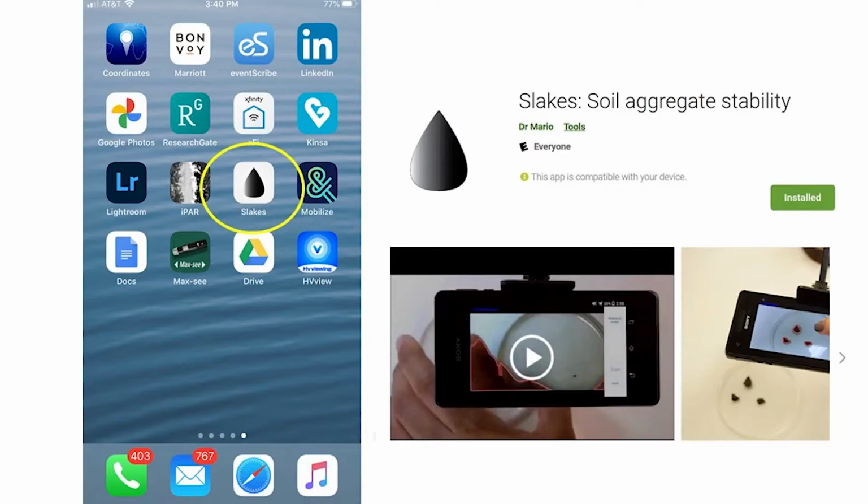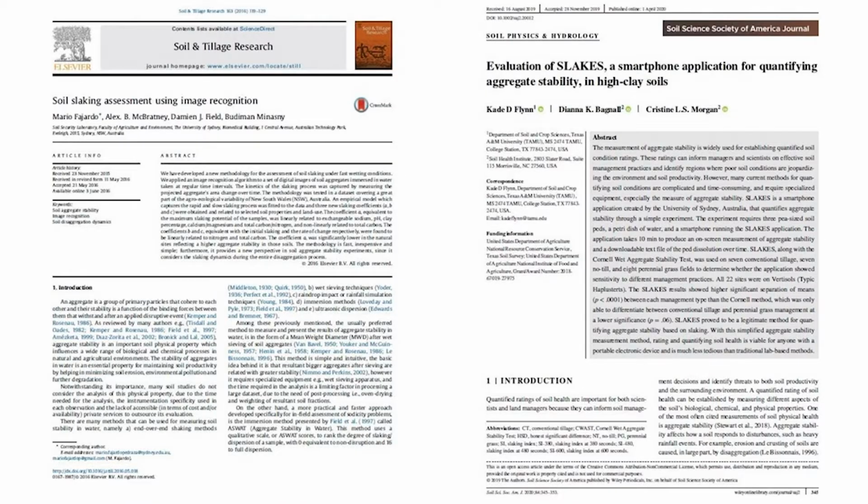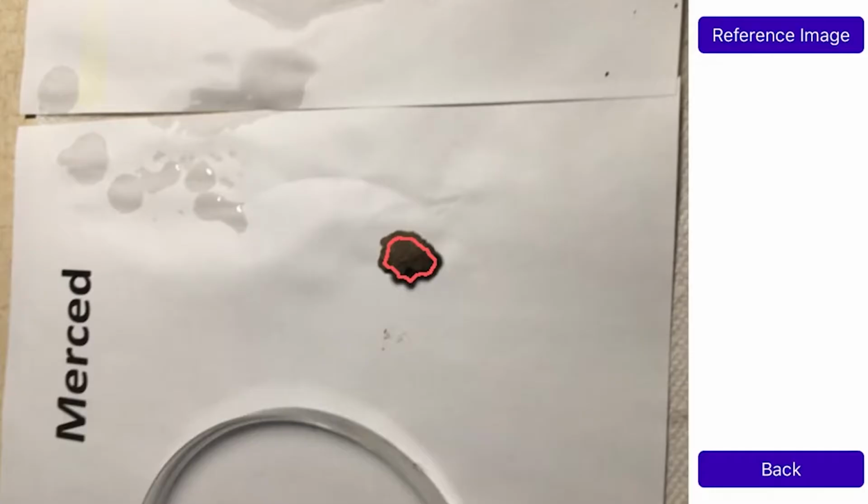A second technique makes use of the mobile phone app Slakes, S-L-A-K-E-S, and involves dropping a soil aggregate in a plate of water. The phone camera calculates a starting aggregate circumference and then compares that with the final circumference after 10 minutes.